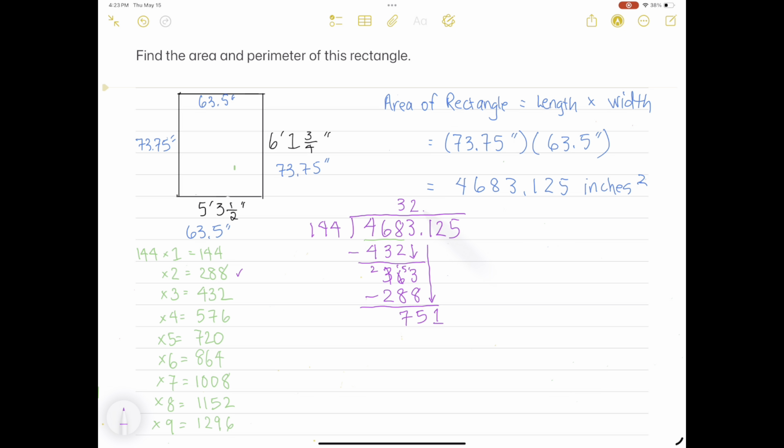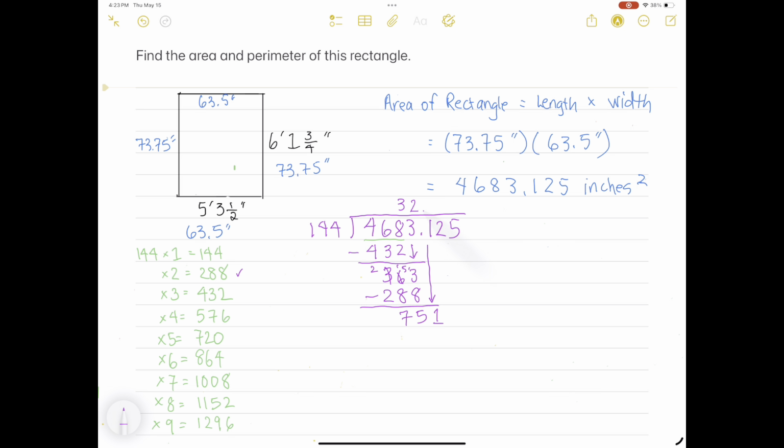144 goes into 751 5 times. I write 5 on the quotient line after I bring up the decimal point. So behind the decimal point on the quotient line, I write 5. 5 times 144 equals 720. I subtract. 751 minus 720 is 31.